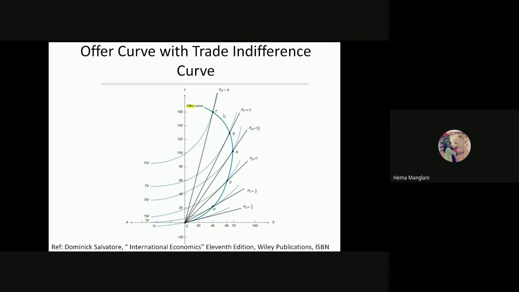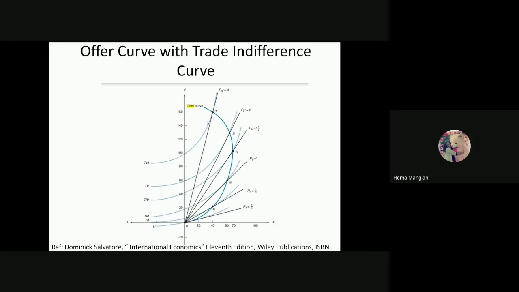And this says that there will be two different effects. See here, from this position to this position, if you reach, we follow the elastic approach, then we have unitary elastic, then we have the inelastic approach. This way we can derive the whole shape. So basically we have two different effects: the income effect, and the second, the substitution effect.